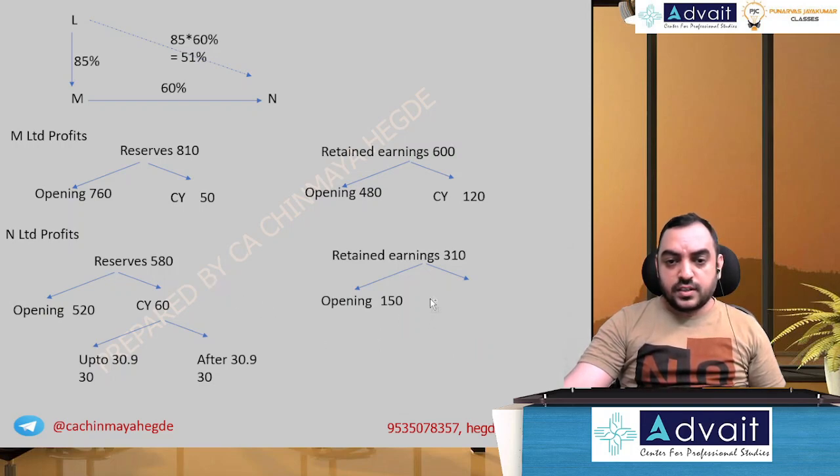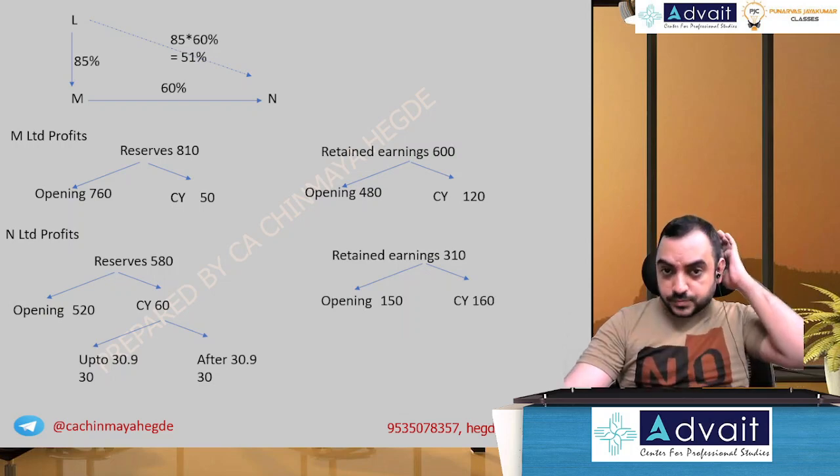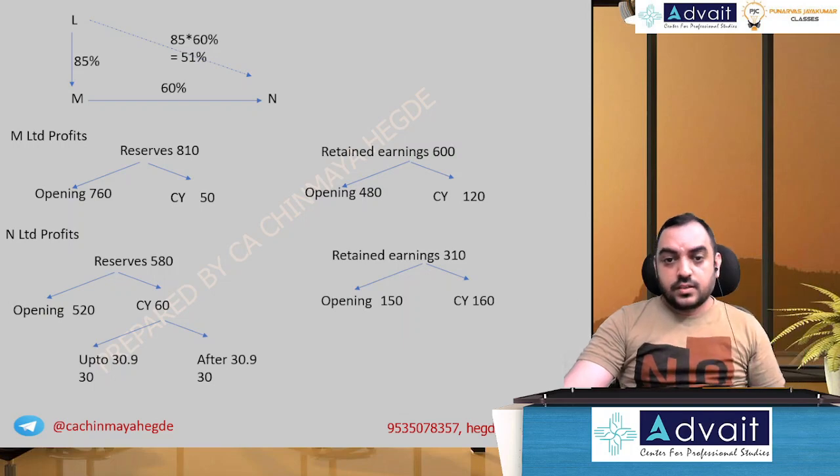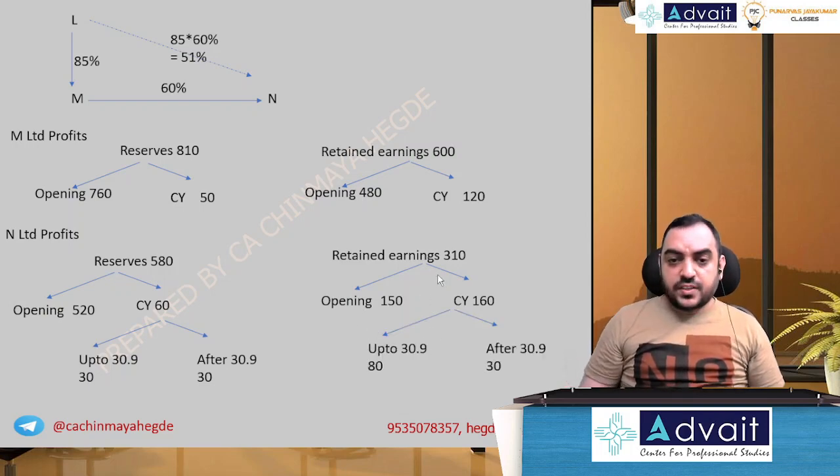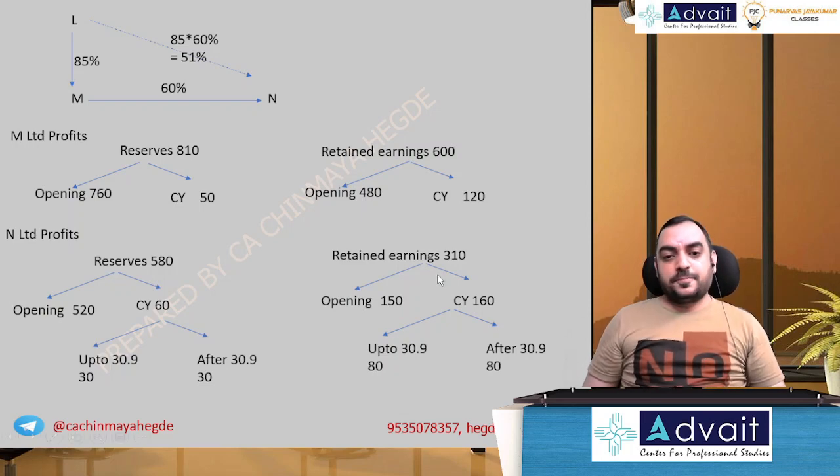Current year 310 minus 150 is 160. We'll divide this as 80 and 80. Up to 30th of September is 80 and after 30th of September is also 80. Six months, six months.